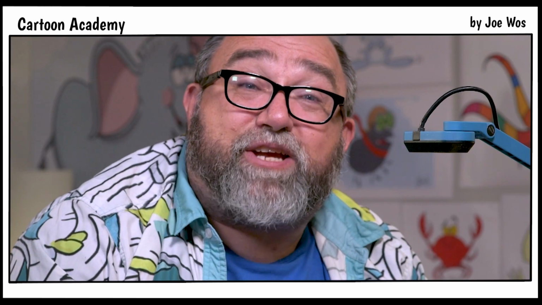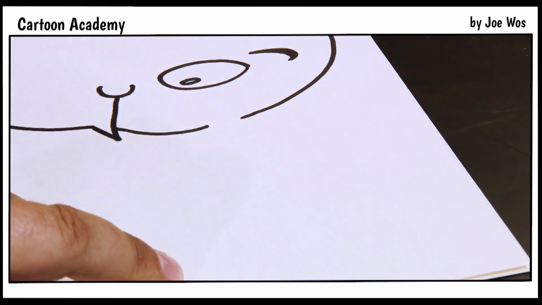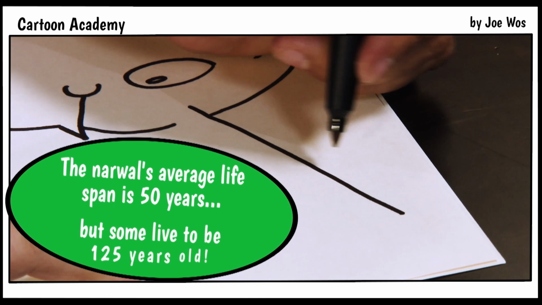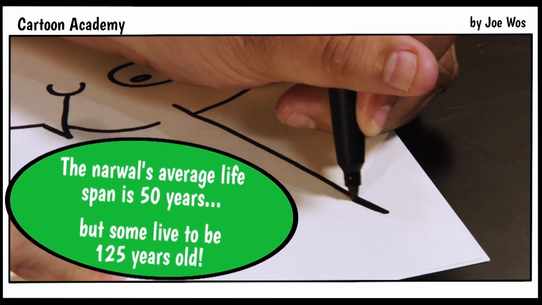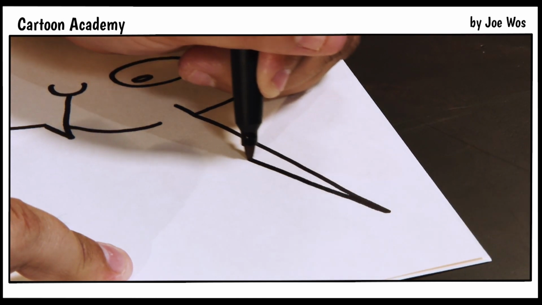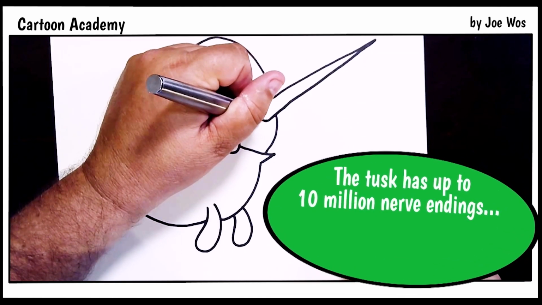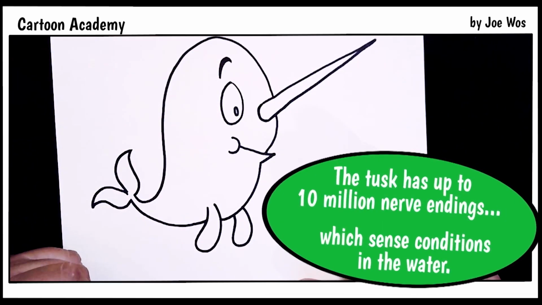The horn is actually a long tooth. It looks like this. We come out, up to a point, and then back in, a little bit wider, right to there, and then a line.